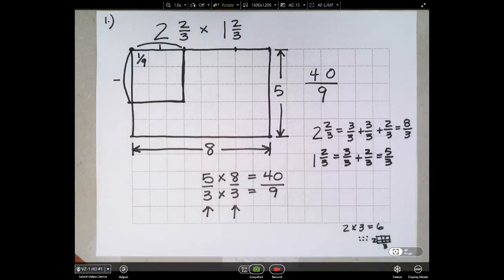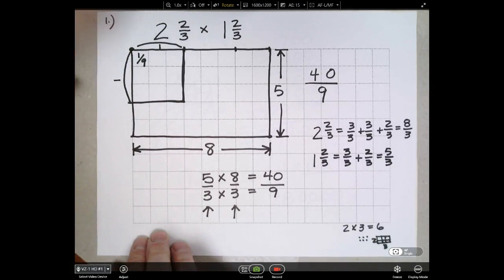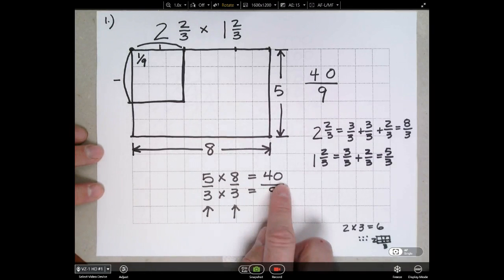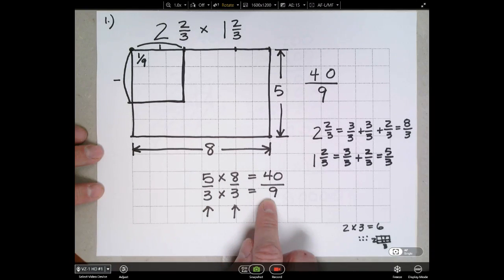So in a multiplication problem, one of the ways that we can solve a multiplication problem of fractions, whether those fractions are mixed numbers, converted into improper fractions, or whether they're just fractions that are already proper fractions, we can multiply across to solve for the answer in a multiplication problem.